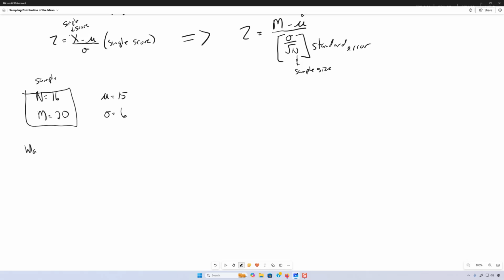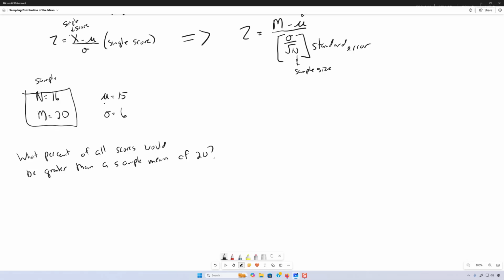Or what percent, let me write that a little better. What percent of all scores would be greater than a sample mean of 20?